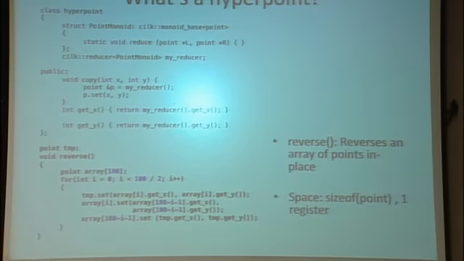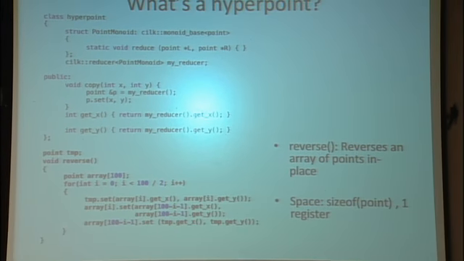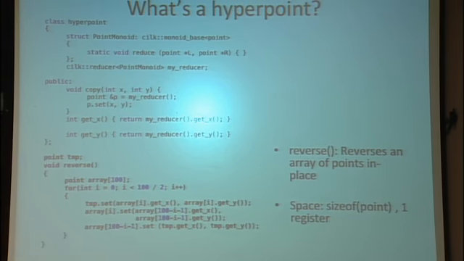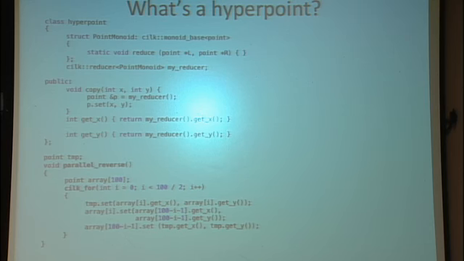As far as the space complexity of this procedure, at minimum it needs enough memory to store the temporary point, and then one register to put in the temporary values. You can think of a solution that uses only one register to update values within your point structure. Now let's suppose I want to do this in parallel.